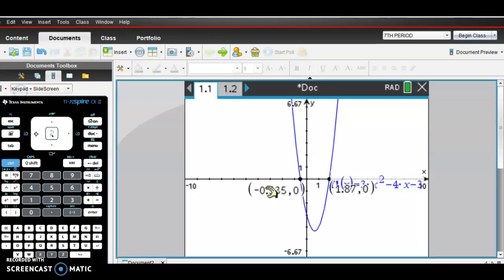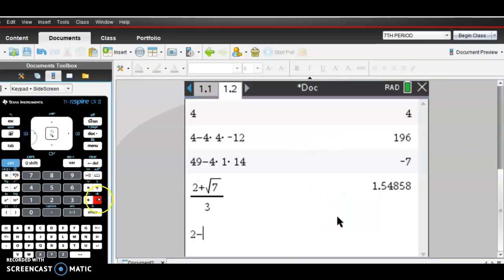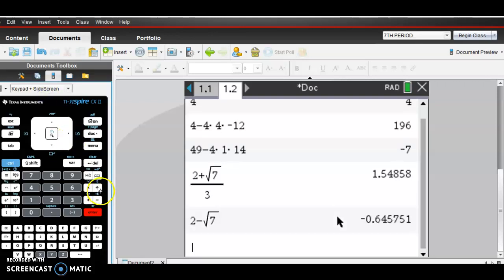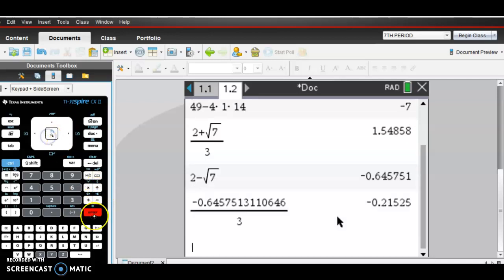So if I go back to my calculator, oh, I'm off some. I may have done something wrong. Let's see what the other one is. 2 minus the square root of 7. It's not letting me make that a fraction. That's fine, we'll do it this way. Divided by 3.